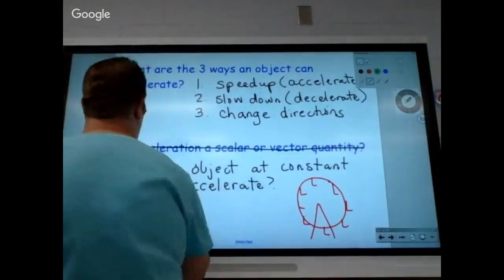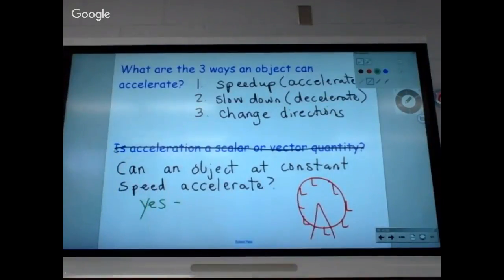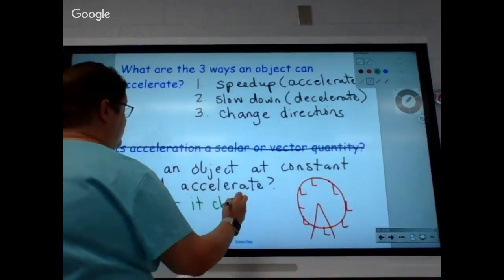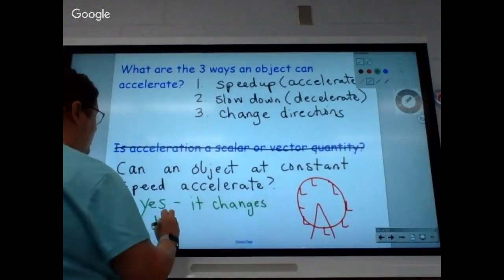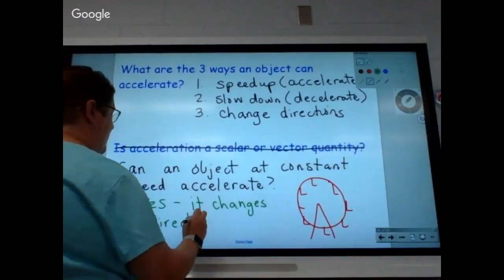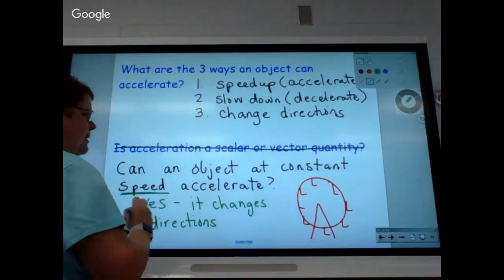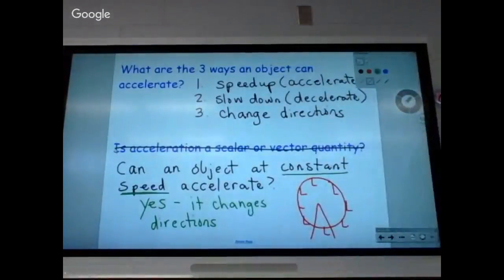The answer is yes. Now, why? Because it changes directions. Exactly. Okay? You guys get so fixated on the word speed and constant. Don't fixate on the word constant speed. That is not the important piece.